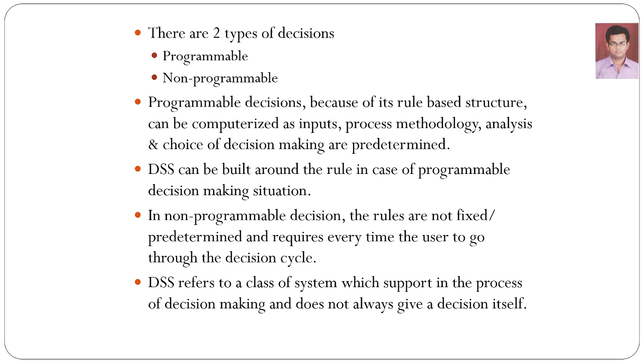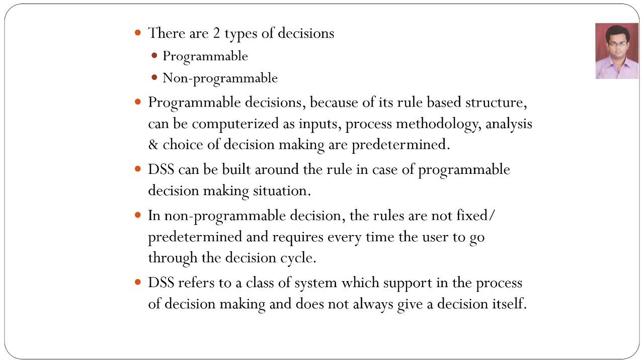There are two types of decisions, programmable and non-programmable. Programmable decisions, because of their rule-based structure, can be computerized, as inputs, process methodology, analysis, and choice of decision making are predetermined. DSS can be built around the rules in the case of programmable decision making situations. In a non-programmable decision, the rules are not fixed or predetermined, and the user has to go through the decision cycle every time.